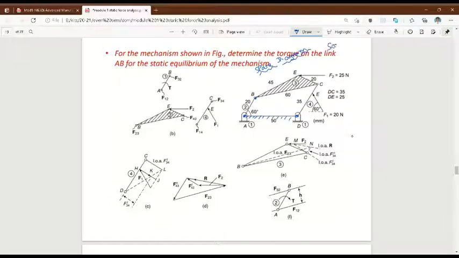We are going to keep the scale as 1 centimeter equal to 10 millimeter, so 20 mm means 2 centimeter.